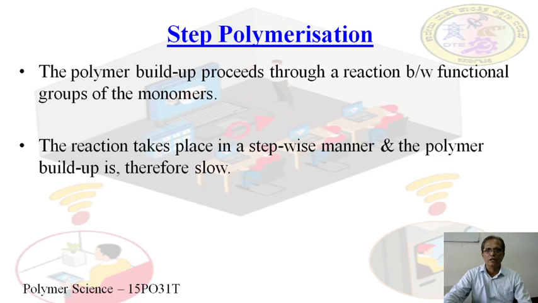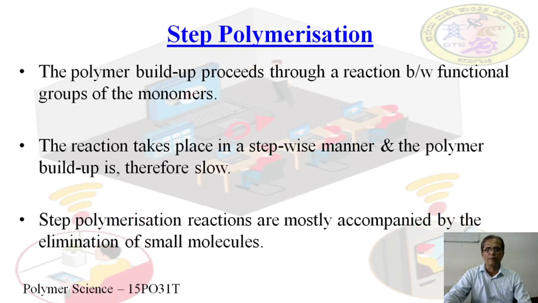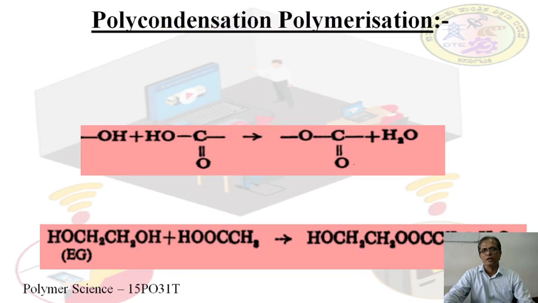Therefore, the reaction product formation will be slow. In step polymerization reaction, elimination of byproduct will be there. That will be small molecules of some compounds that are going to form.